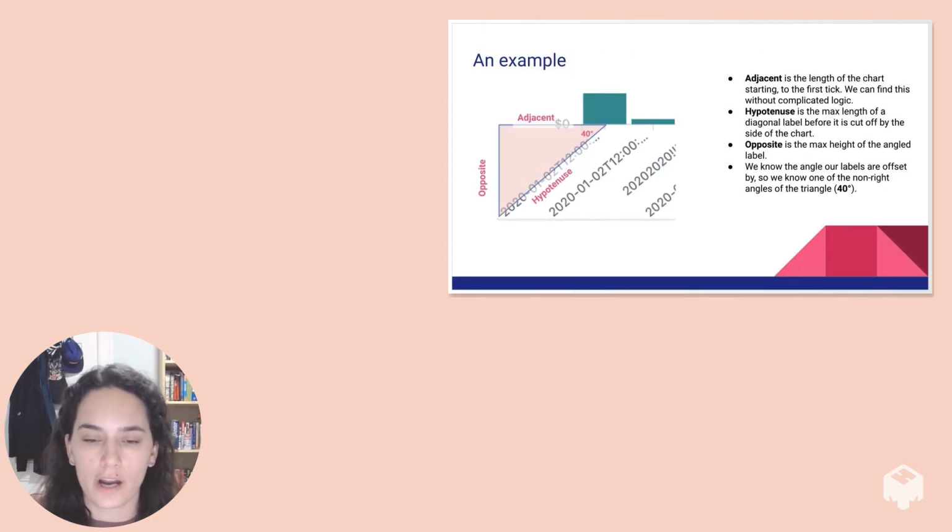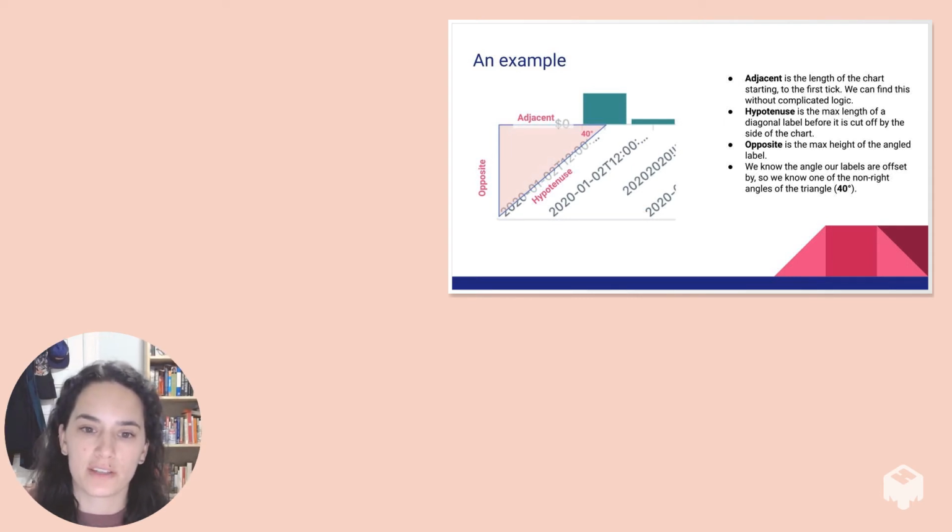So here you can see on my bar chart, I've drawn on the right angle triangle that helps me figure out some of the missing measurements that I need to be able to get those labels right. So the hypotenuse in this case is my label, which I want to be able to truncate when it gets too long, when it's going to be cut off by the side of the chart.